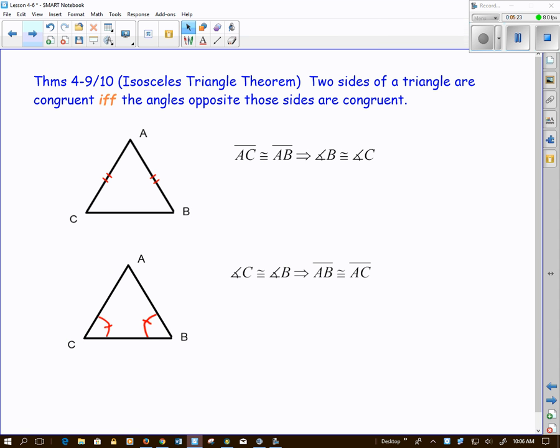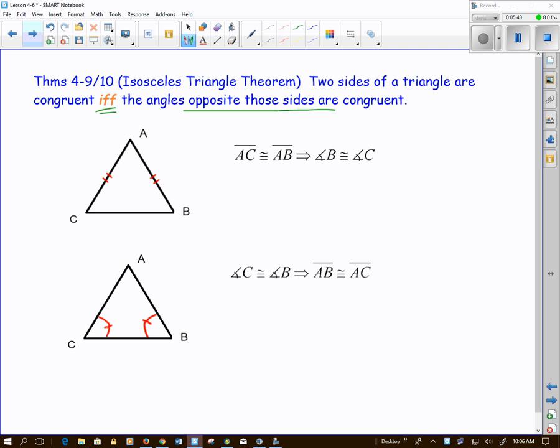According to theorems 4.9 and 4.10, I've combined them together into one theorem that we'll call the isosceles triangle theorem. Two sides of a triangle are congruent if and only if the angles opposite those sides are congruent. And so, of course, our if and only if here makes this reversible. So if the base angles are congruent, then we know that the sides opposite those angles are congruent.